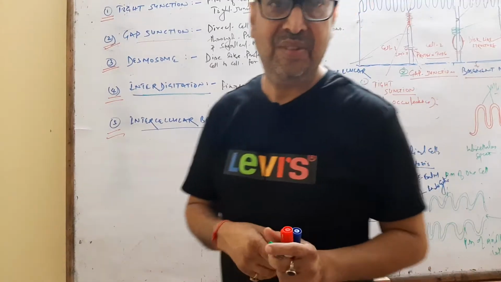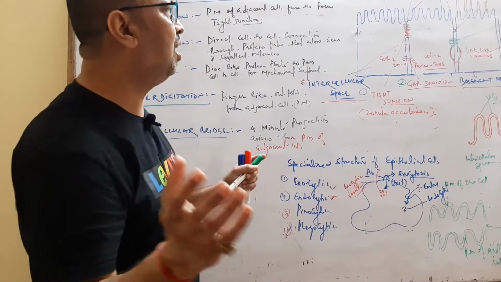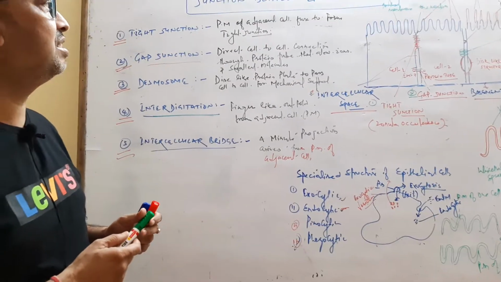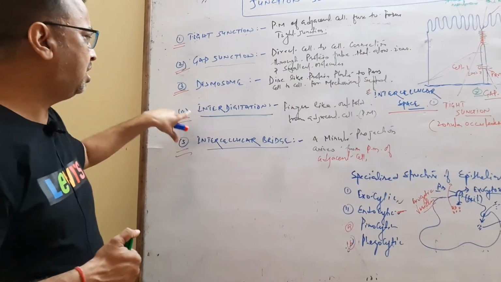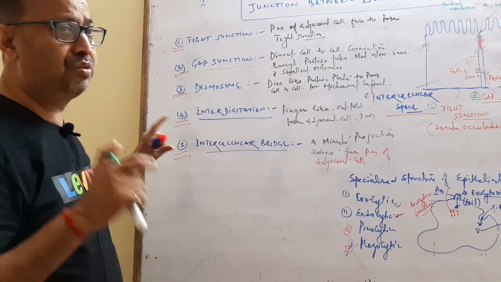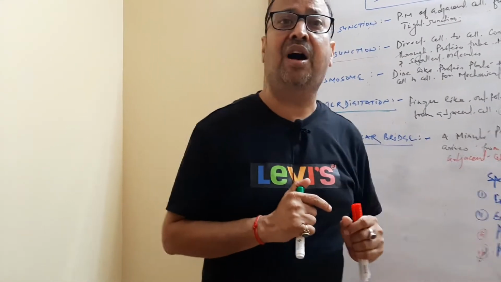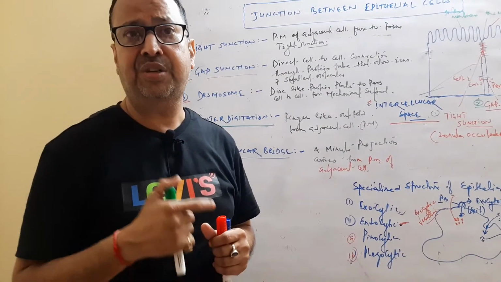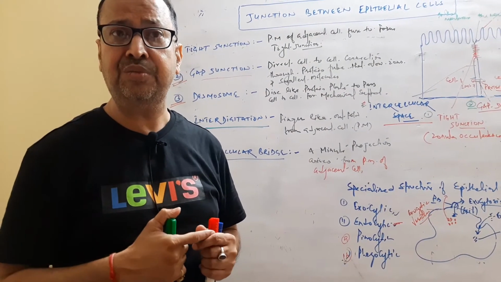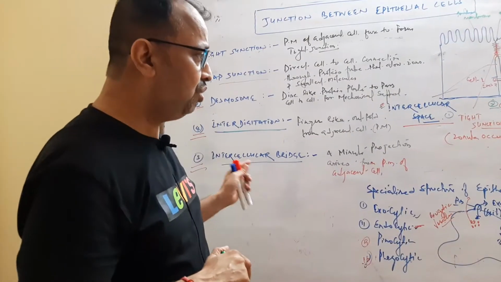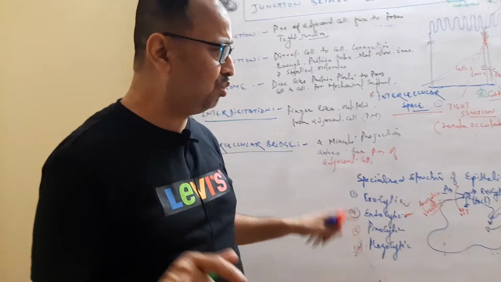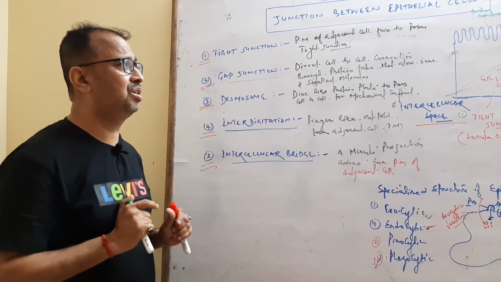It might be asked as a question in competitive examinations. From tight junction, gap junction, desmosome, interdigitation, one question would definitely be asked in the NEET 2020 examination, which is going to be held on 13th September 2020. So definitely a question might be asked, so be prepared.